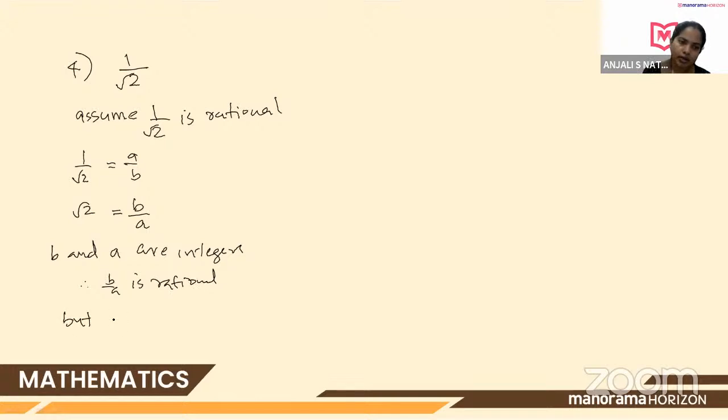But we know that root 2 is irrational. So again, LHS is not equal to RHS. So our assumption is wrong.